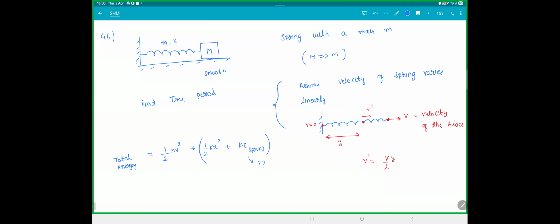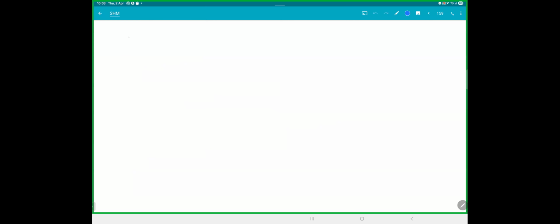So how do you find the kinetic energy of the spring? See, we have to integrate. So if you say this point is going with v, at a distance y, take a small slice dy, whose velocity is v dash. The kinetic energy of the spring, you add up all the small energies, integral of half dm v dash square.